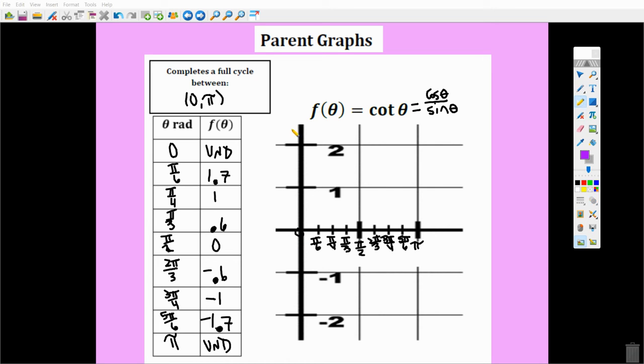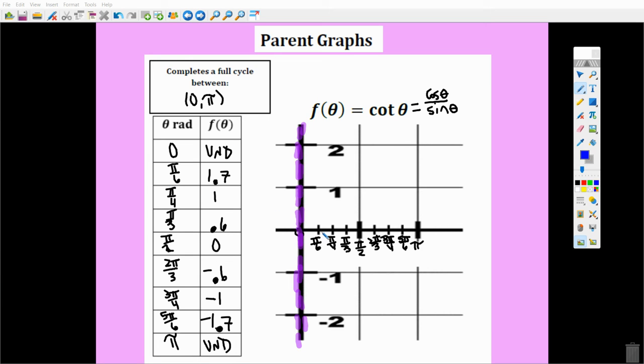So let me go ahead and put down my undefined. So at 0, even though it's kind of hard to see, this is undefined. I'll write it again so you can see the purple here. All right, so that's undefined. And then we're going to go ahead and graph.